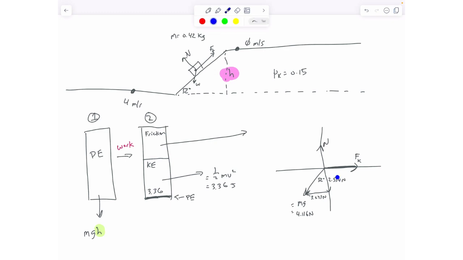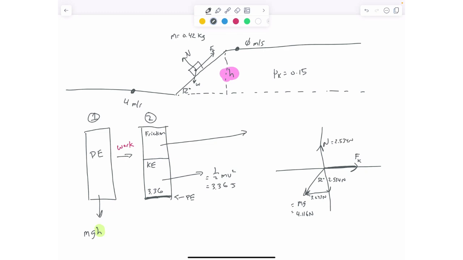Now that I know this, the normal force has to be the same as this. If it wasn't, it would come off, accelerating or moving in this direction, and it's not. So this has to be the same as this. That's Newton's first law. If the forces are balanced, there's no acceleration.